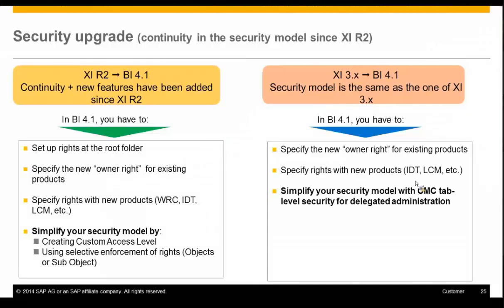Whereas if you are on 3.1, there's not much difference between the 3.1 and 4.1 security models. You just have to do a couple of things, like specifying the rights for new products, and simplifying your security model in the CMC, with tab level security for your delegated administration, which is significant new functionality in the BI4 platform. Now, if you look at the top 5 reasons why customers can go wrong, security is one of them.